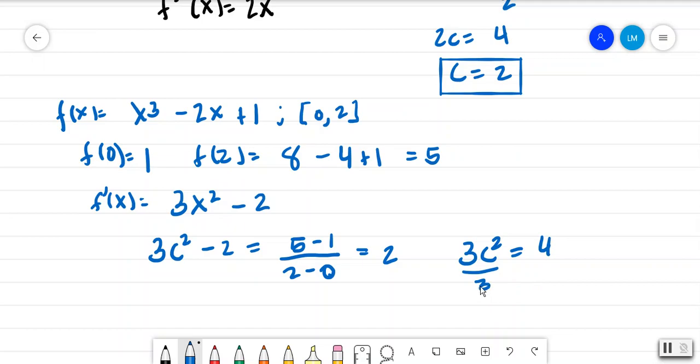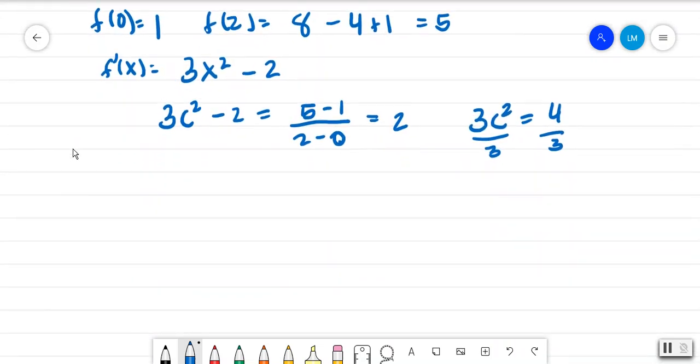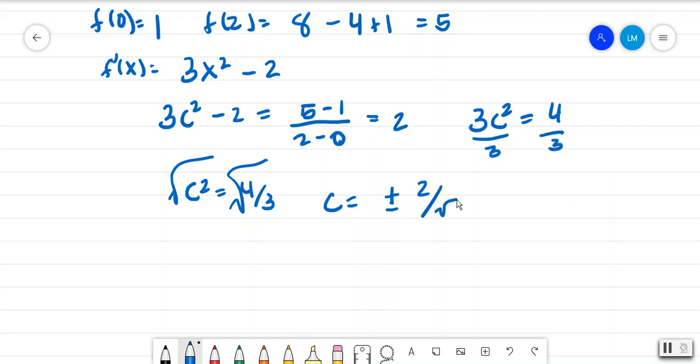So we divide by 3, and we get that c squared is equal to 4/3. If I take the square root on both sides, note that c is equal to plus or minus 2 over root 3, which is the same thing as plus or minus 2/3 root 3.